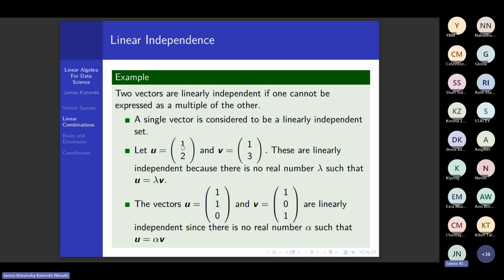Now we gave an example here of two vectors in R2, which are linearly independent, and this should be easy to check. There's no way you can find a number to multiply by this to get this vector. So I picked simple examples where you can just check by inspection. It's just not possible to find a number which, when multiplied by these two numbers, will give you these two numbers.